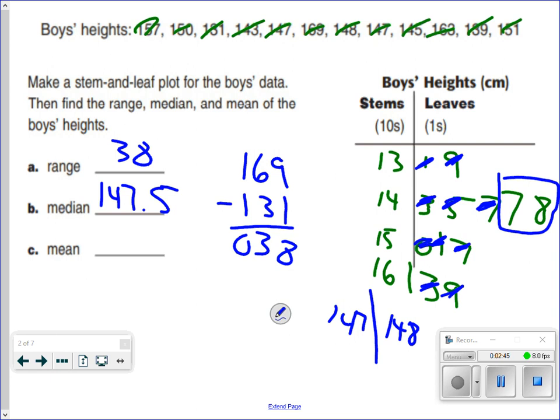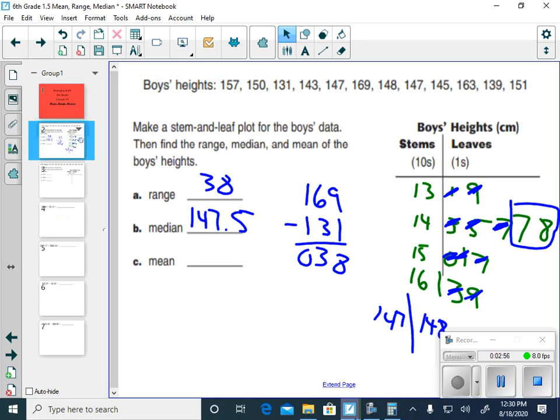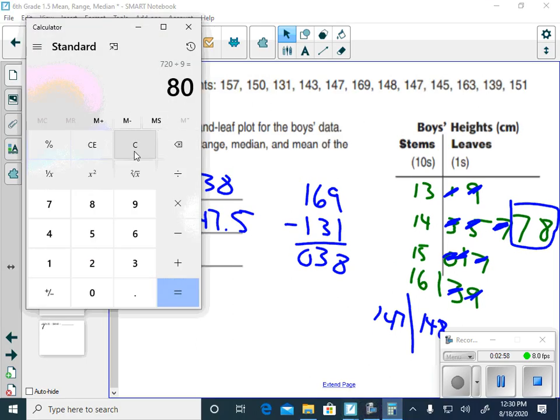Now, what is my mean of this set of data? Well, I'm going to take a look at these numbers up top. I'm going to get a calculator. You'll be able to use a calculator today for this, and you're going to add these numbers up.